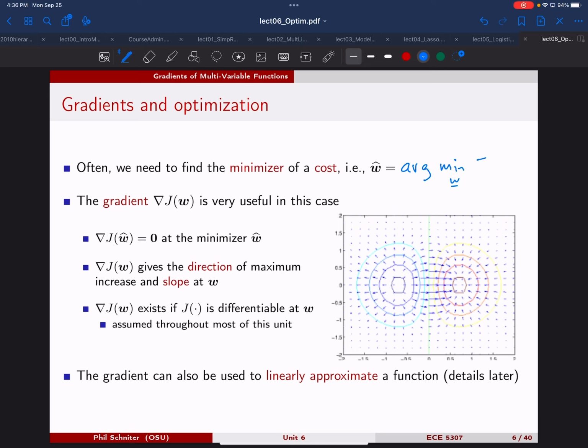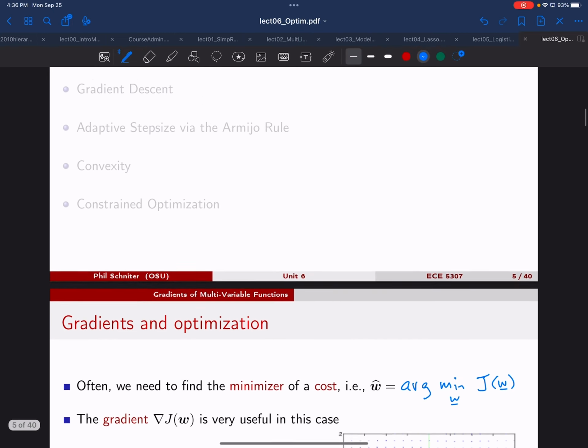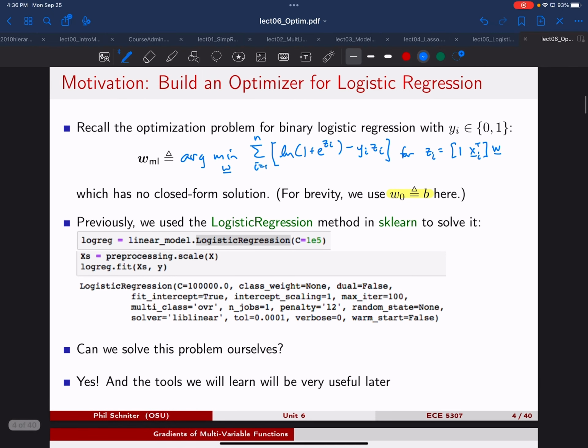So we'll call our cost functions J because that's very common in the optimization literature. It shouldn't be J of X, it should be J of W. An example of J would be this whole thing here.